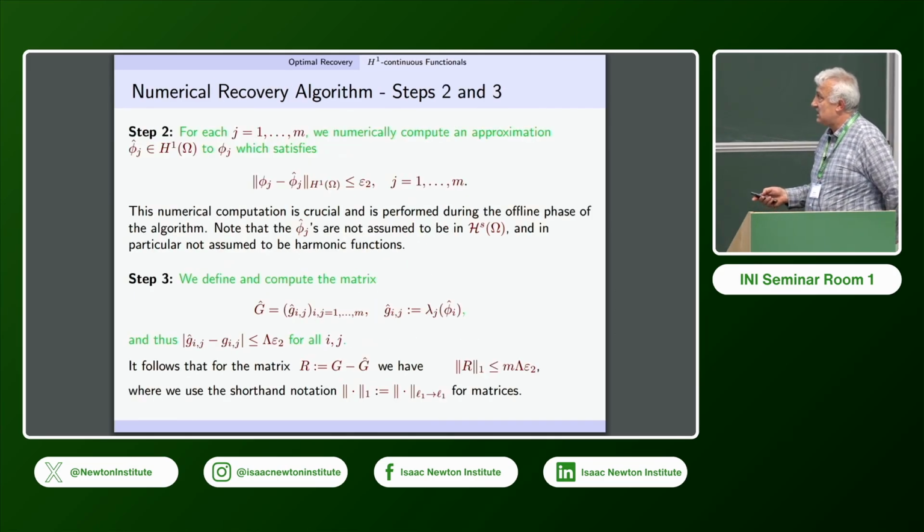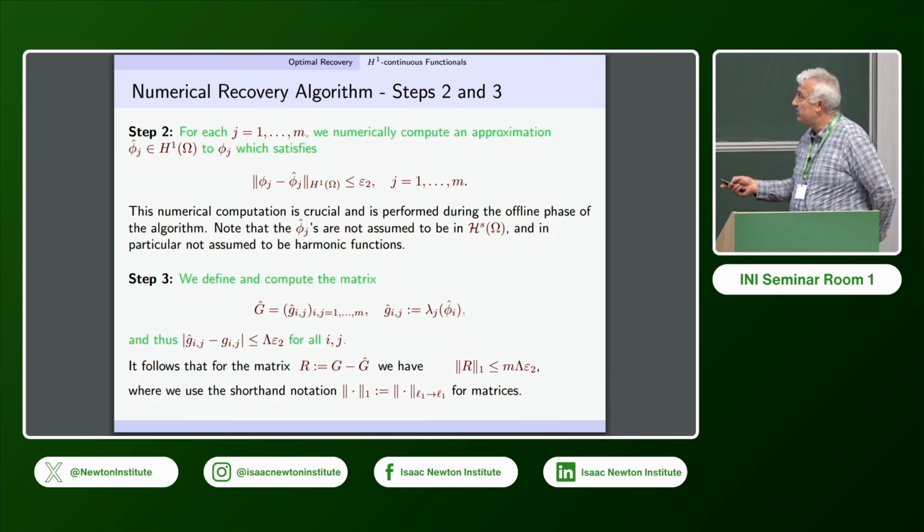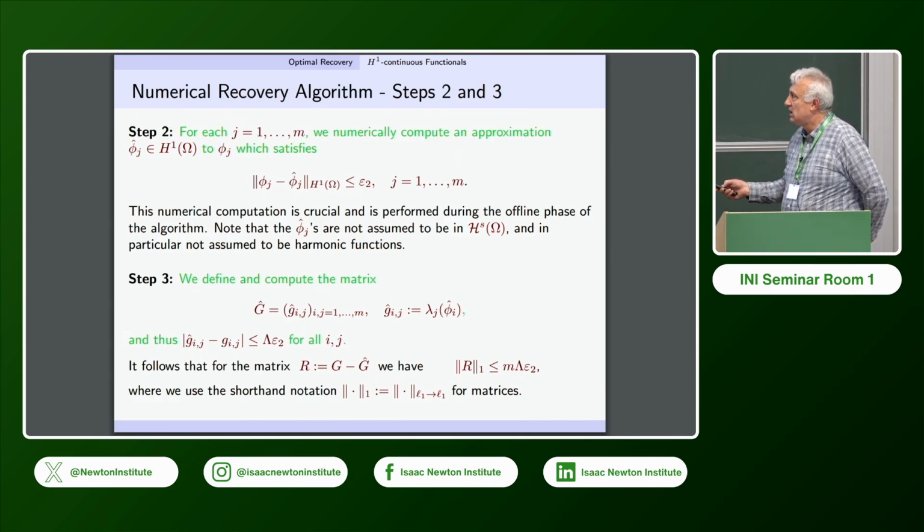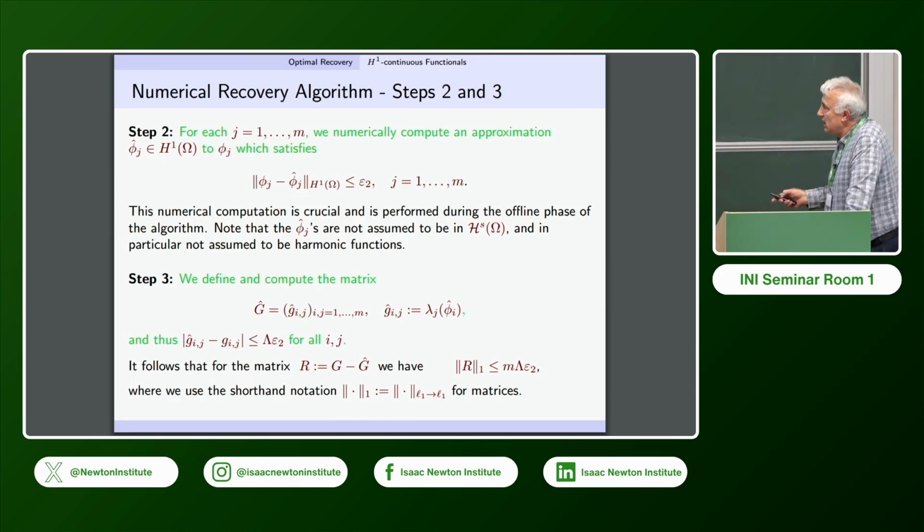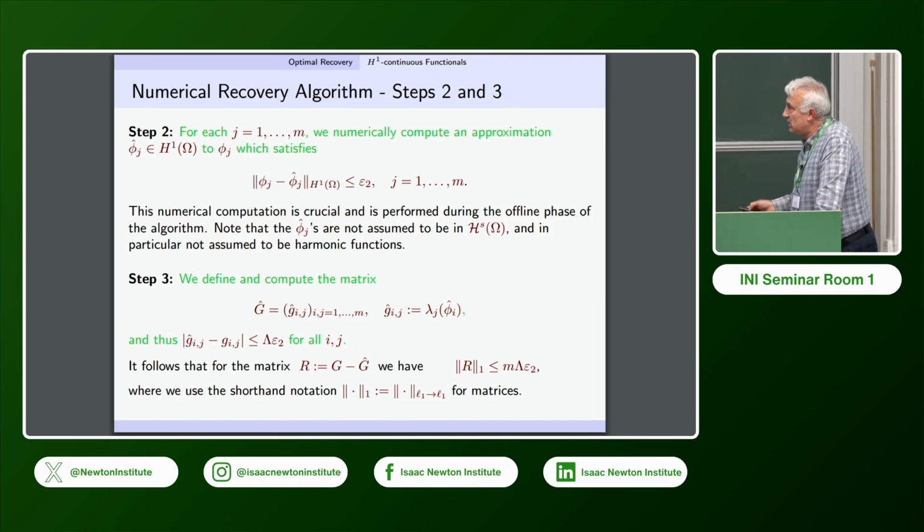In the second step, we have to find these linear functionals, and we have another epsilon 2, which is involved in the calculations of all these linear functionals. And then after calculating them, we have to compute the matrix G hat and its inverse.